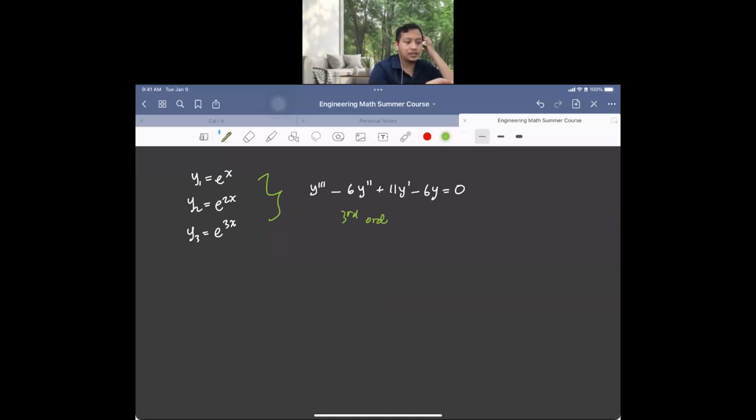Now this is a third order equation, right? So if we want to check whether all the solutions here are linearly independent, then we can write it in terms of the Wronskian.